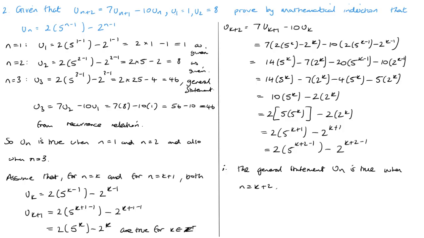And then finally our conclusion. Now I'm not going to write the conclusion because I've written it before. See the second example for how to write the conclusion for a u of n plus 2 proof. Okay, but yeah, that's done.